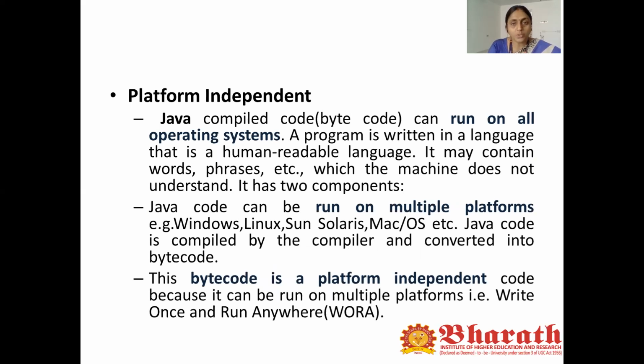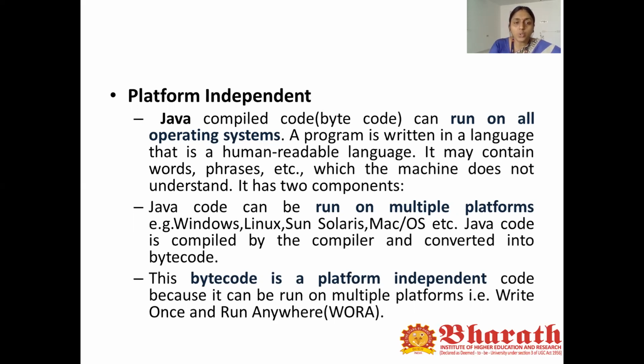So Java compiled code can run on all operating systems. A program is written in a human readable language, which is a high level language, and it may contain words and phrases which the machine cannot understand, because a machine can understand only bytes, that is machine readable language.